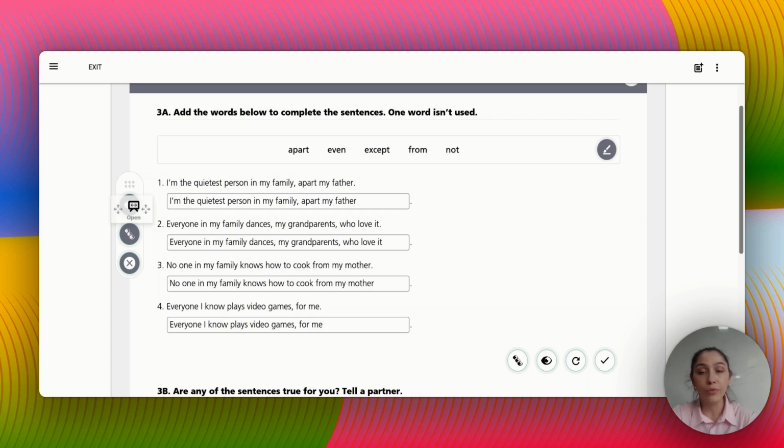It is used for both. For example, I liked all the food at the party apart from the dessert. Which means just the dessert I didn't like, and it is excluding. We are excluding something by using apart from.